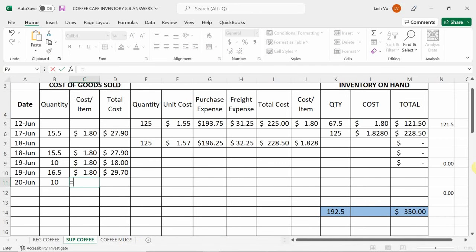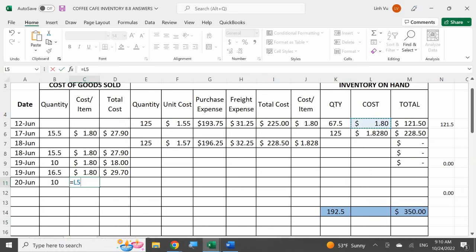It's going to be $1.80 cost per item. Good. So how much is your total cost of goods sold? $18.